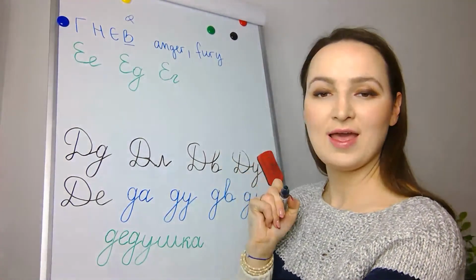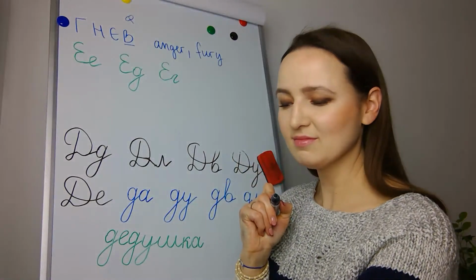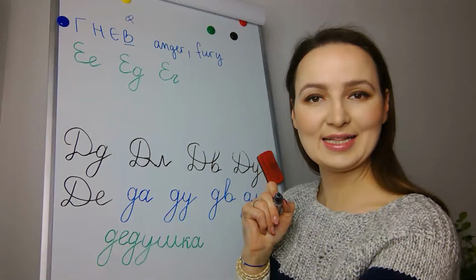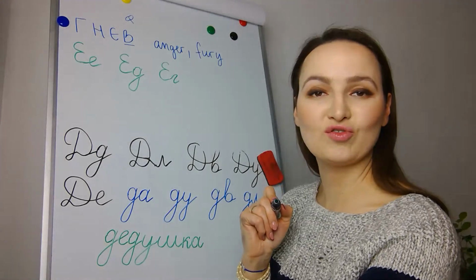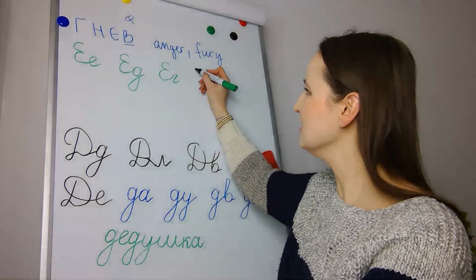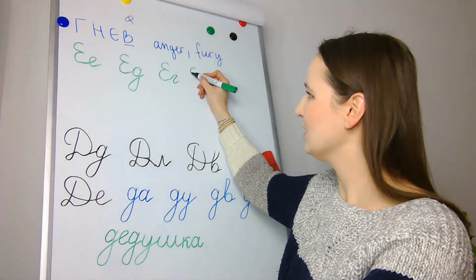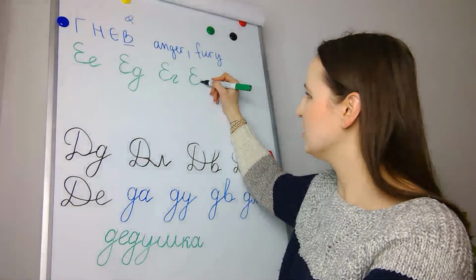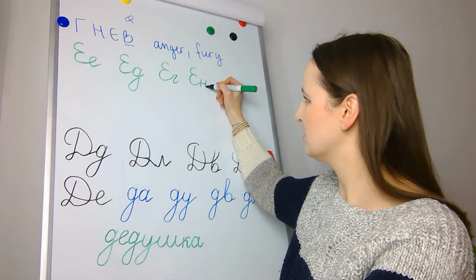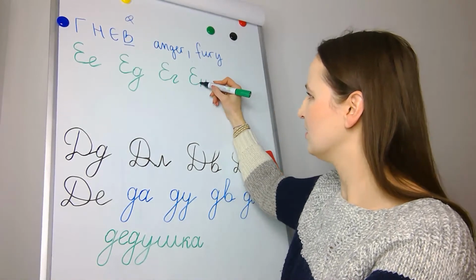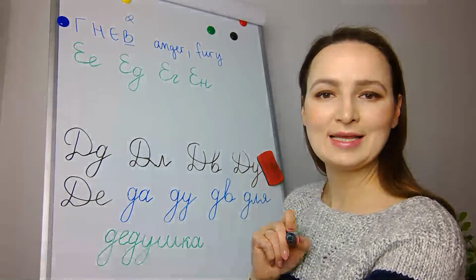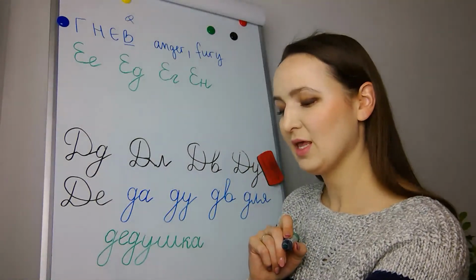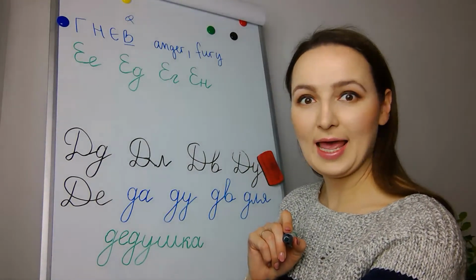Egg. Now let's connect it with n letter. And we will write n. Yen. Now let's connect ye with s.